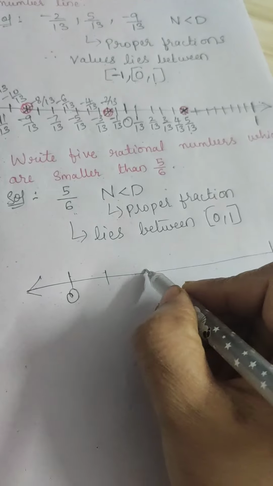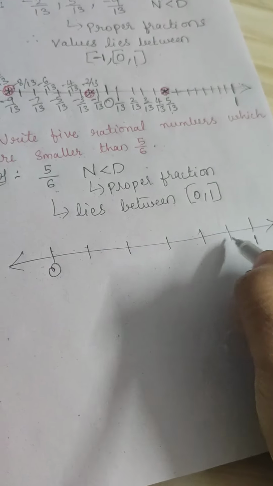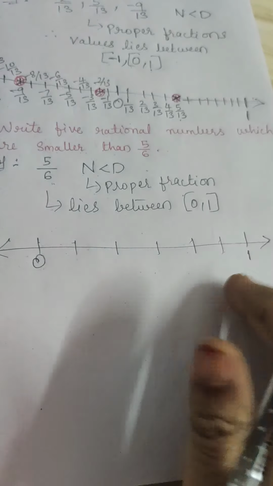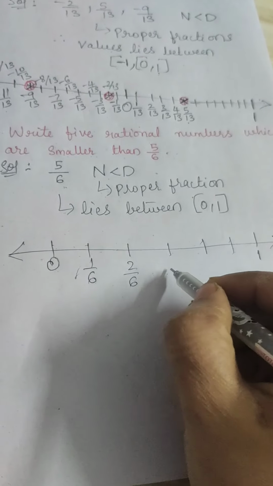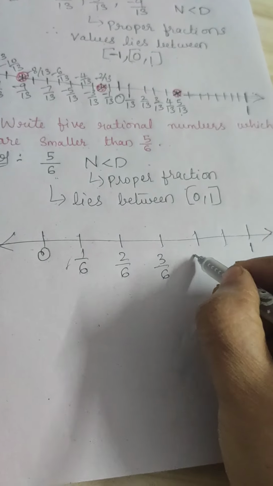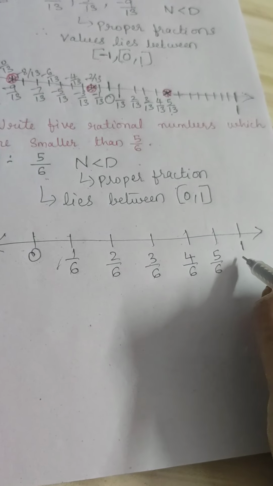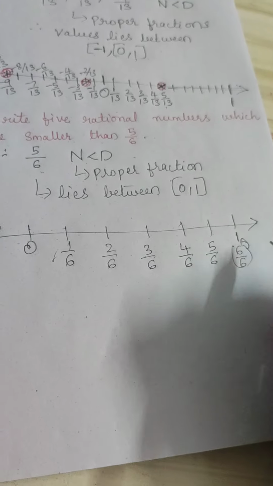Okay, 1, 2, 3, 4, 5 and 6. Now let us denote them as 1 by 6, 2 by 6, 3 by 6, 4 by 6, 5 by 6 and the last one is 6 by 6, which is equal to 1.